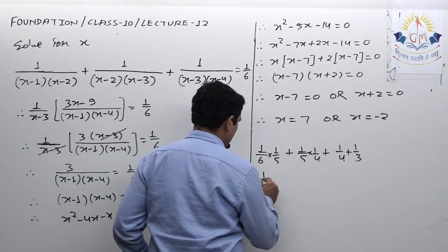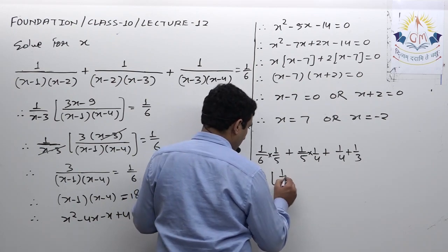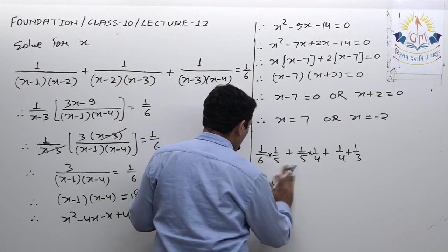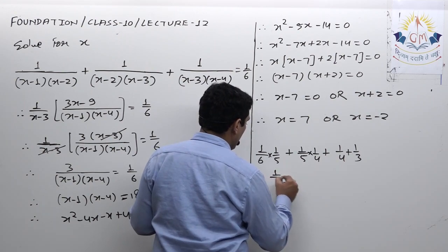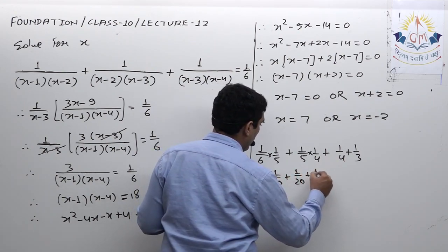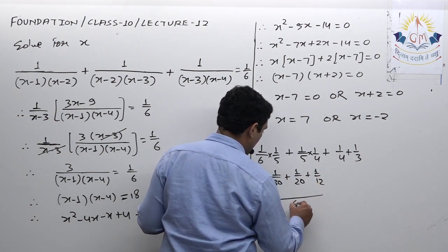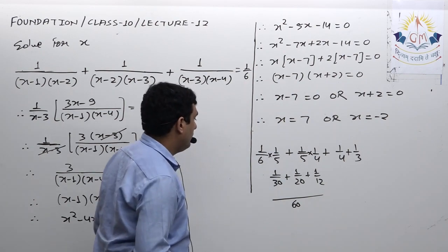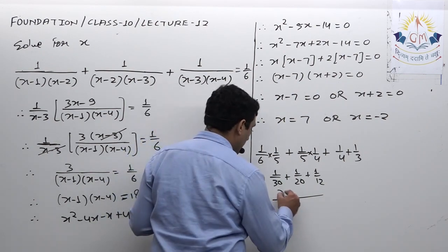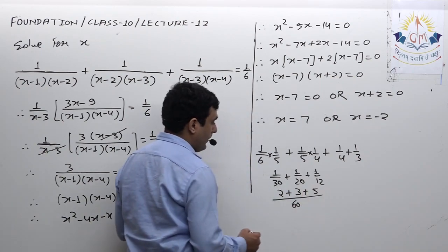So let us take 1 upon 5 common, so 1 upon 6. Or I can directly do this: 1 upon 30 plus 1 upon 20 plus 1 upon 12. So I can take the LCM 60. Here I will get 2, here I will get 3, and here I will get 5.